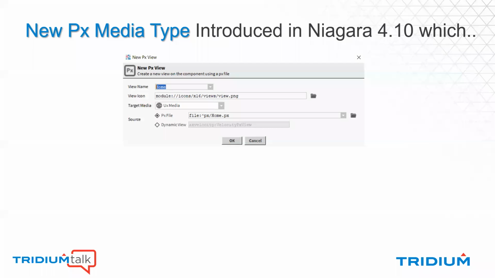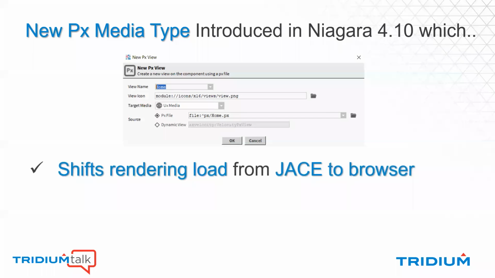It's a new PX media type introduced in 4.10, which is going to shift the rendering load from the JACE to the browser. Traditionally in Niagara, with HxPx, one of the foremost media types in Niagara 4, the JACE has to use its own internal resources to serve up and position that graphical content to the browser.